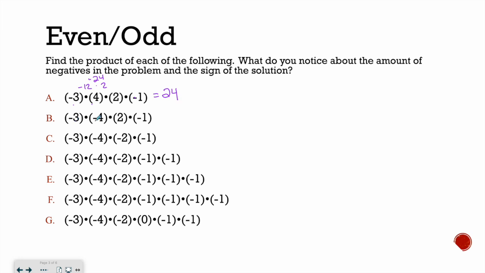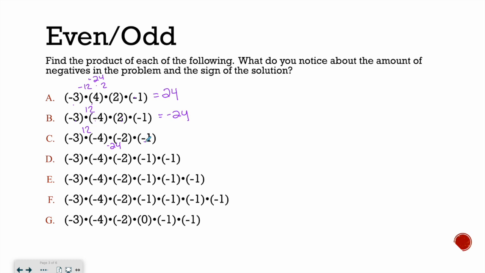So now negative 3 times negative 4 is positive 12. And positive 12 times 2 is positive 24. And positive 24 times negative 1 is negative 24. Negative 3 times negative 4 is positive 12. 12 times negative 2 gives us negative 24.